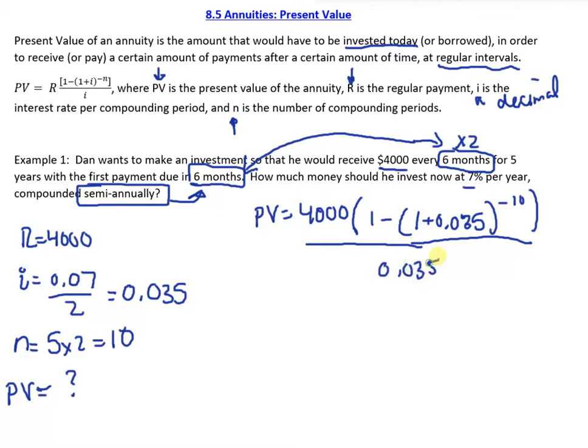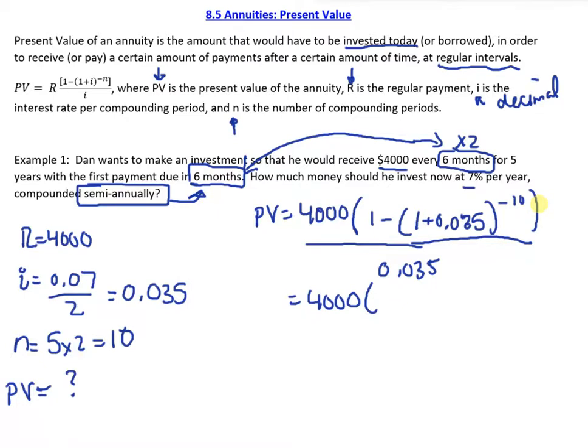Remember, negative n will bring it to the bottom, so we'd basically be dividing 4,000 by whatever this is because of that exponent. But we don't even need to know that. We're just going to walk through the calculation. Let's do this entire bracket. So we're going to do 1.035, raised to the negative 10.